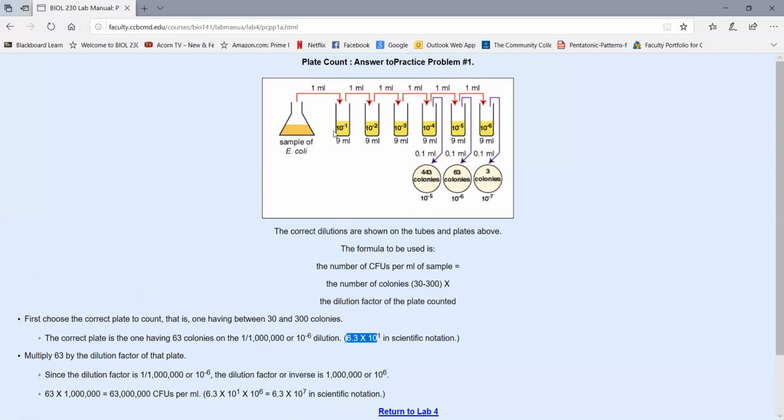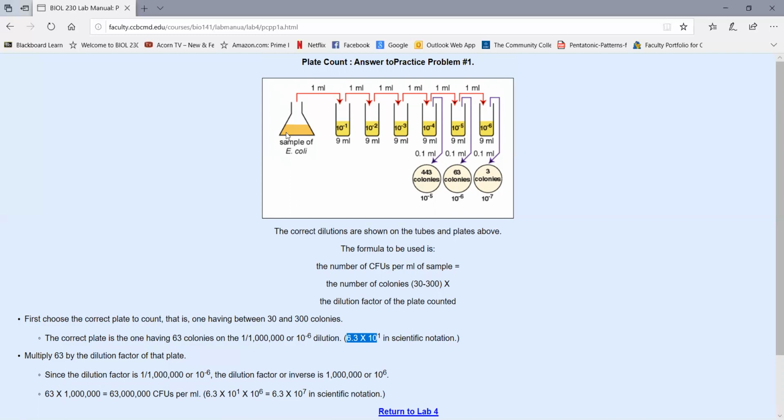So if we do it in scientific notation first, this would be 10 to the minus 1, 10 to the minus 2, 10 to the minus 3, 10 to the minus 4, 10 to the minus 5, 10 to the minus 6 to the plate. Because remember, the plate's always 1/10 of the tube because we're only putting 1/10 of a milliliter on the plate. So we know the dilution of the plate is 10 to the minus 6 in scientific notation.